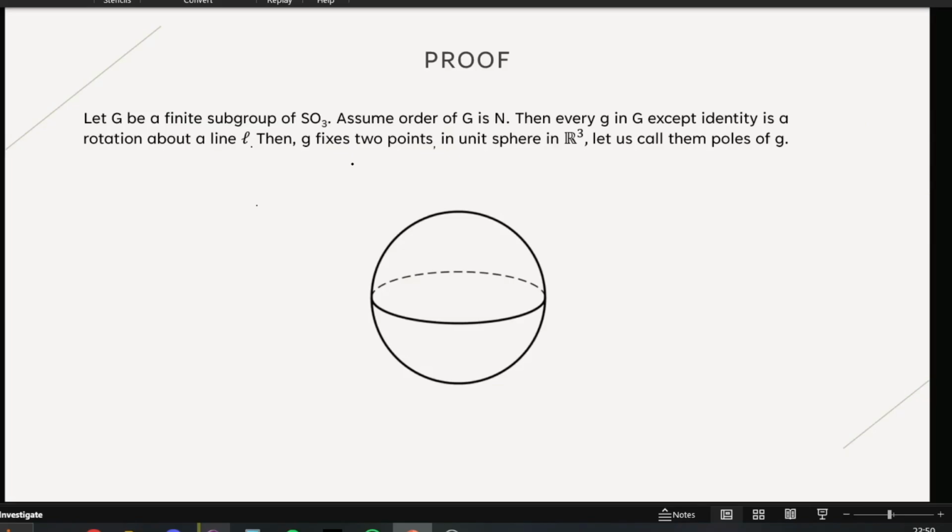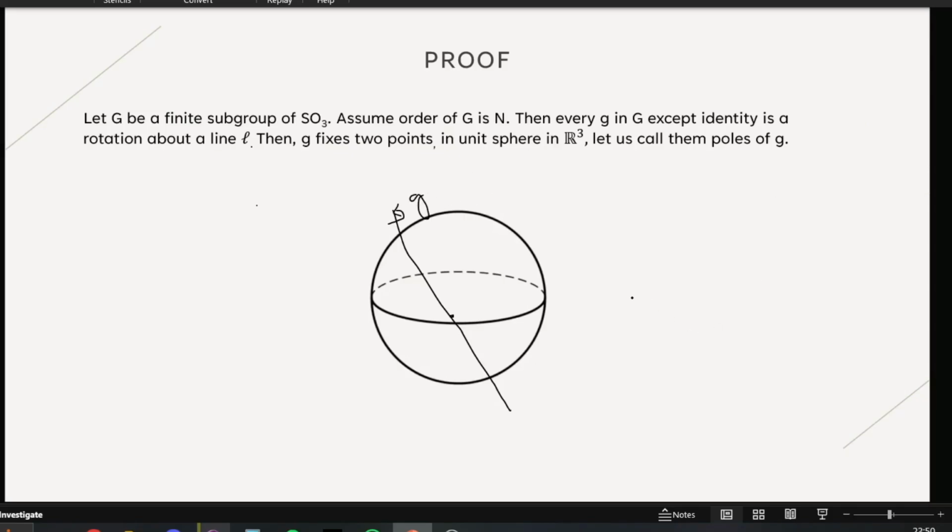Then every element of G except the identity is some rotation about a line L. We have taken a unit sphere in R3. If we take a line L, then G will be some rotation about this line.